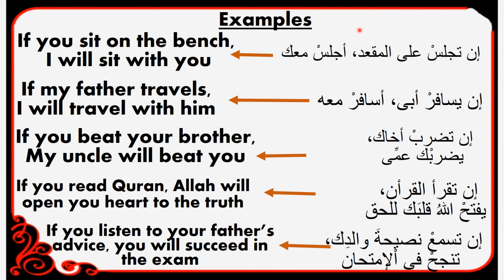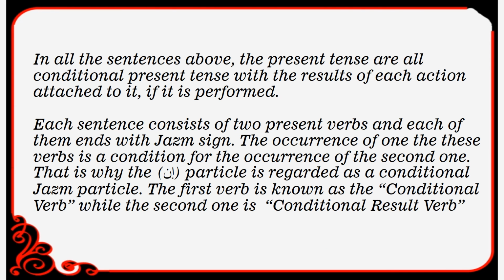The reason why two verbs of fi'l mudari are taking sukun instead of one is because in is a conditional particle of jazm, which means if this happens, that will happen. In all the sentences above, the present tense are all conditional present tense with the results of each action attached to it if it is performed.